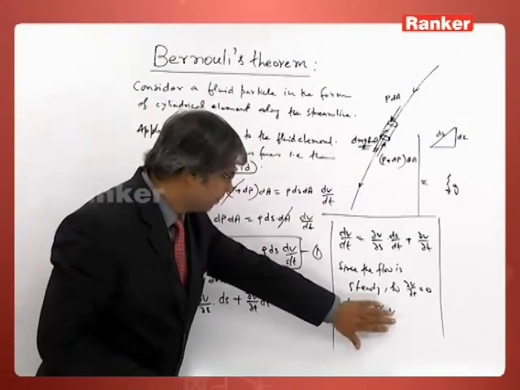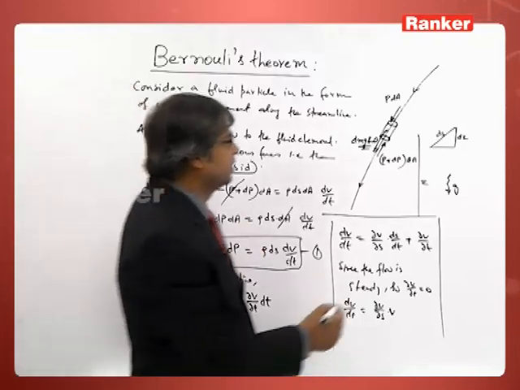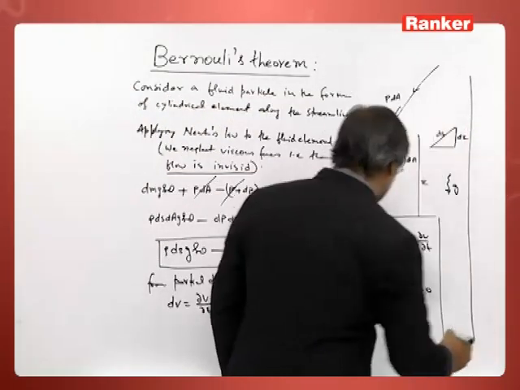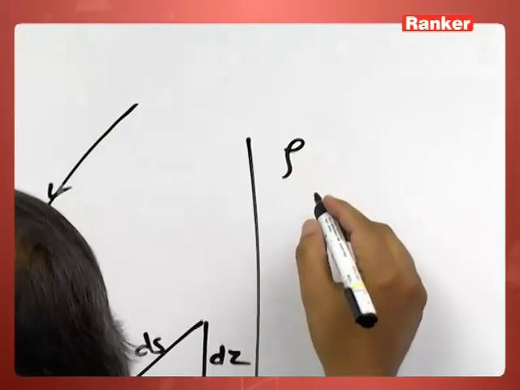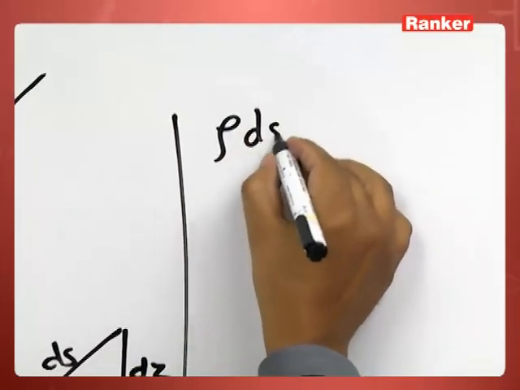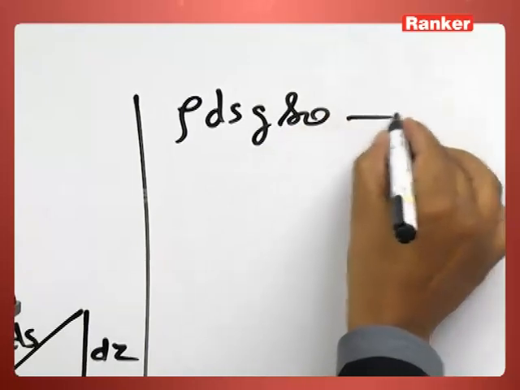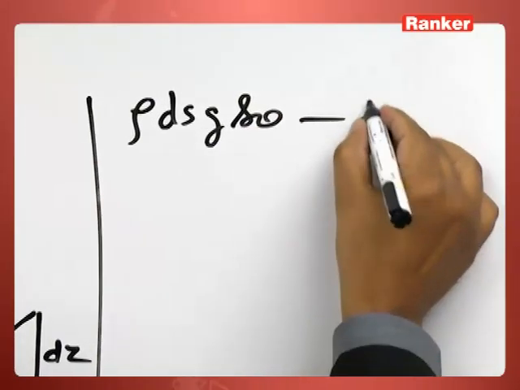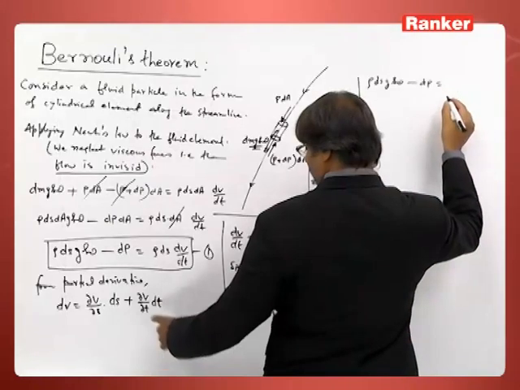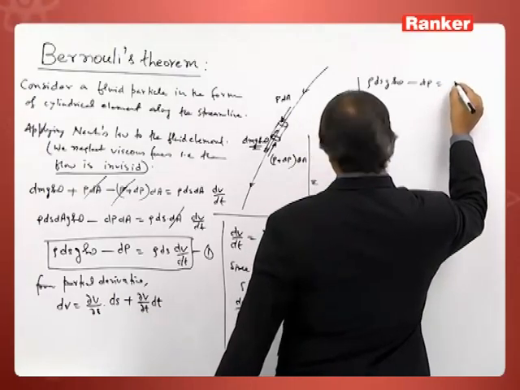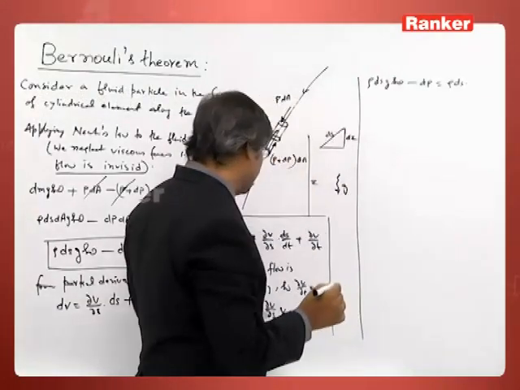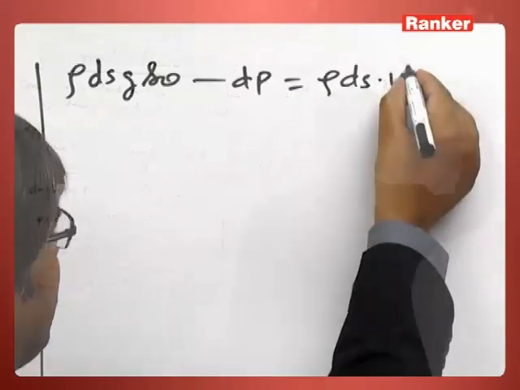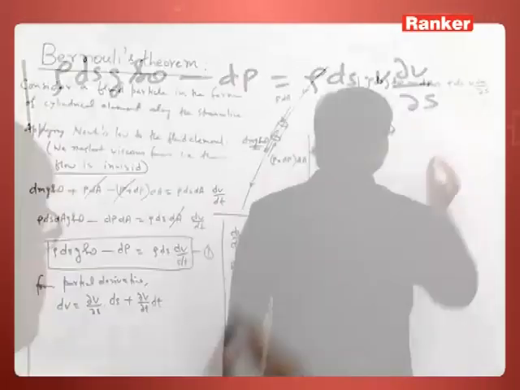Now let us substitute this into equation 1. So we have rho ds g sin theta minus dp is equal to rho ds into dv by dt, that is v dou v by dou s.